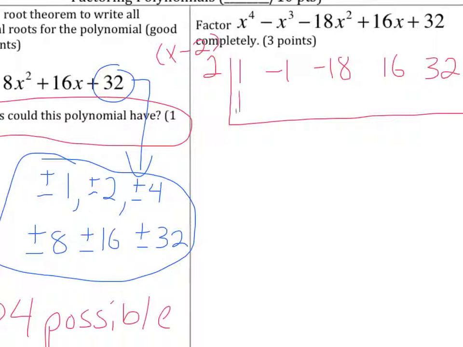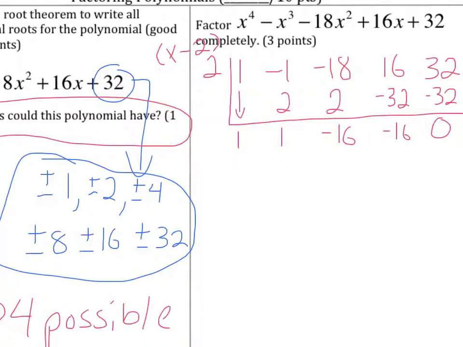For synthetic division, you bring the 1 down. 2 times 1 is 2. Negative 1 plus 2 is 1. 2 times 1 is 2. Negative 18 plus 2 is negative 16. 2 times negative 16 is negative 32. 16 plus negative 32 is negative 16, times 2 gives me negative 32, which is 0. On the first try, we get one that works, which is really nice.